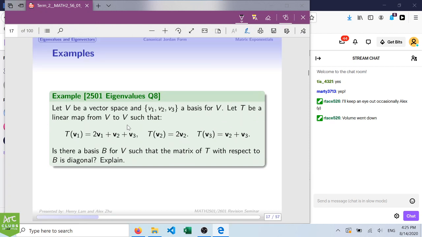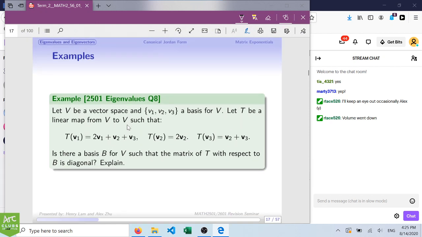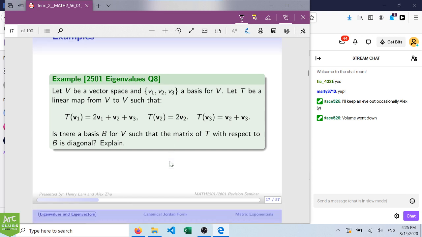Let's look at this example to elaborate. So if we have a V vector space and there's V1, V2, V3 as the basis for V, and we have this linear map, right? Is there a basis for V such that T gives a diagonalized matrix? That's pretty much what this question is saying.